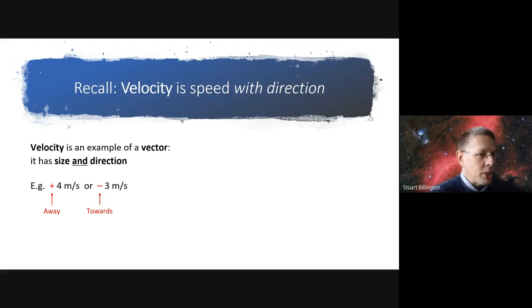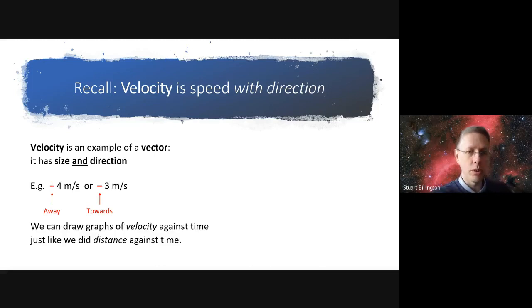Okay, let's switch to today's work then. So last lesson, we were all focused on distance, and we drew graphs of distance. Today, we are just going to note that we could, if we wanted to, not have drawn a graph about where Bertie was at different points during their day, but we could have spoken about the speed, or even better, the velocity at which Bertie was moving at different points in the day.